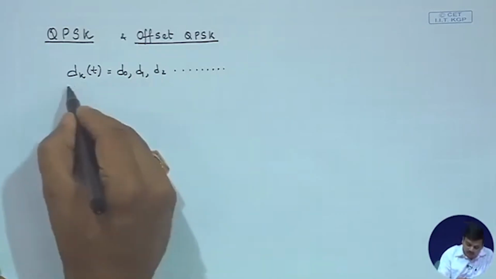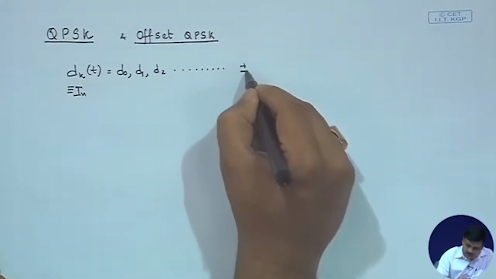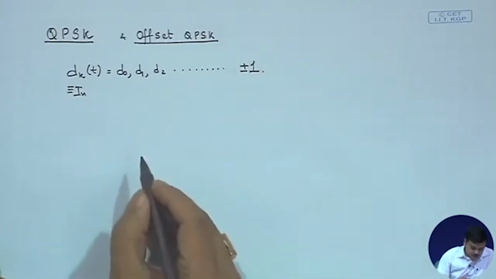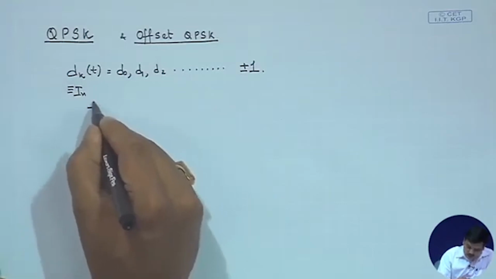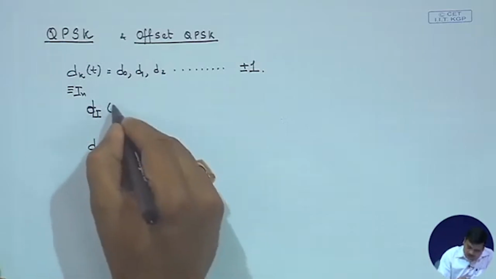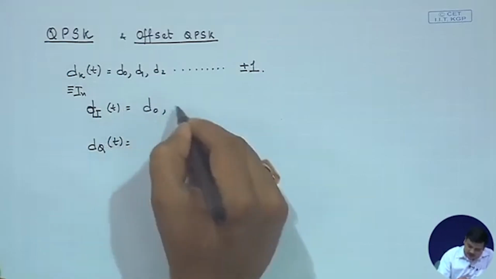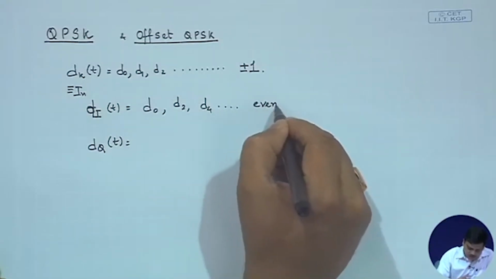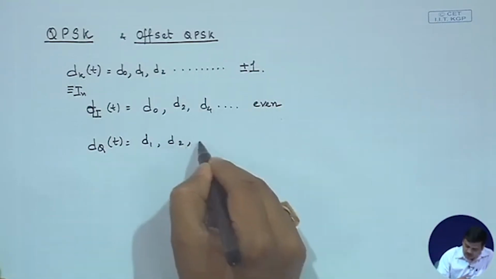This is similar to the earlier notation of I_n, and this could take values of plus or minus 1. The incoming stream is divided into two parts, d_I(t) and d_Q(t), such that the in phase consists of the even symbols, and the quadrature consists of the odd ones.